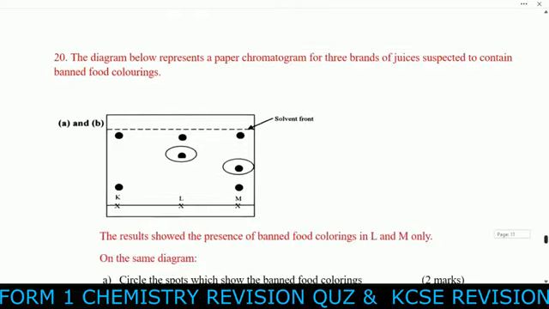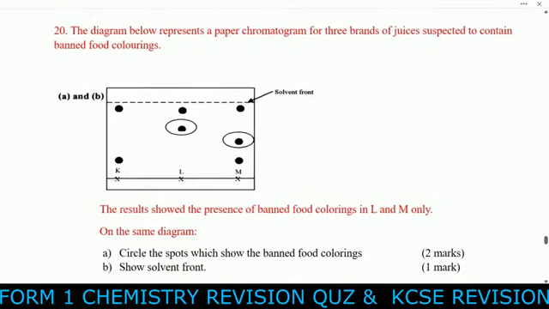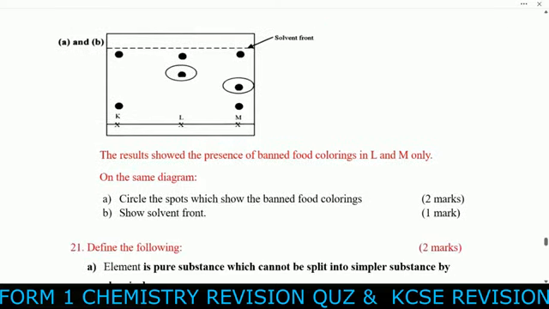And next, we go to number 20. The diagram below represents a paper chromatogram for 3 brands of juices suspected to contain banned food coloring. So we have them here. We have substances K, L, and M. This one is the solvent front.